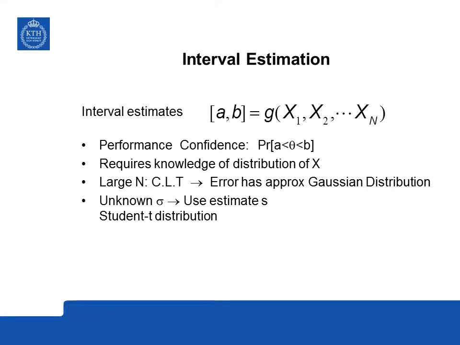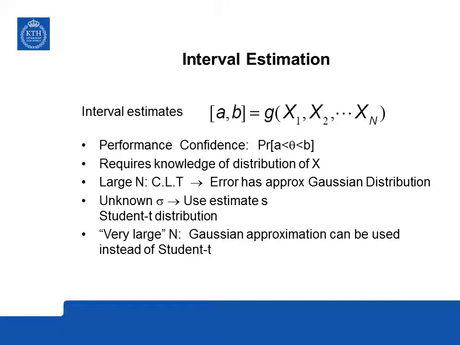Usually we don't know sigma, the standard deviation, so we use the estimate S instead, and then we won't have a Gaussian distribution, but a close relative, the student t distribution, which is tabulated, and you can find the functions to compute it in most statistical packages.